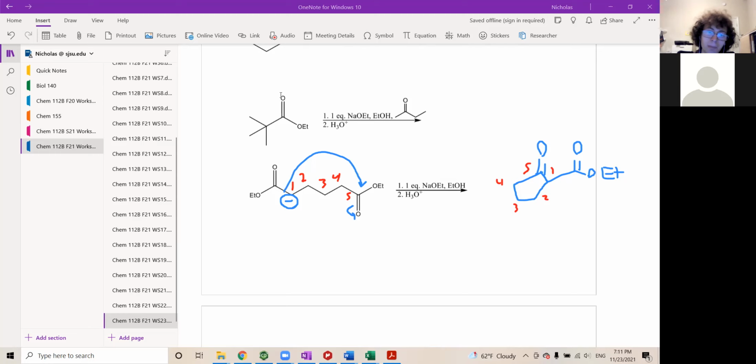And remember, not all intramolecular reactions have a special name, but Claisen does when it's intramolecular. And unfortunately, you have to be aware of it. The intramolecular Claisen reaction is called a Dieckmann.